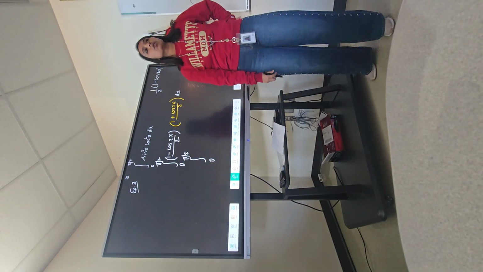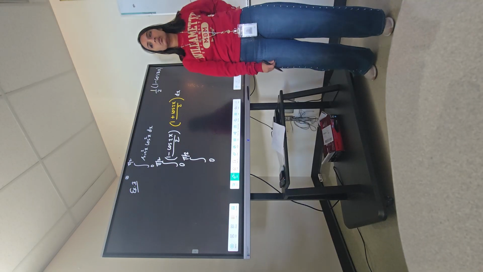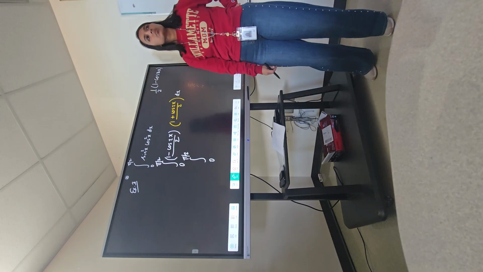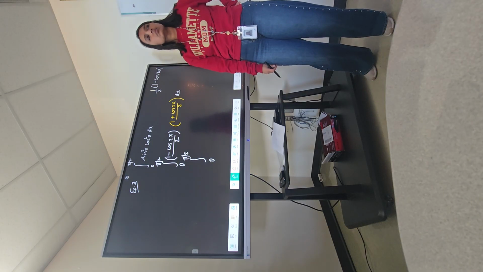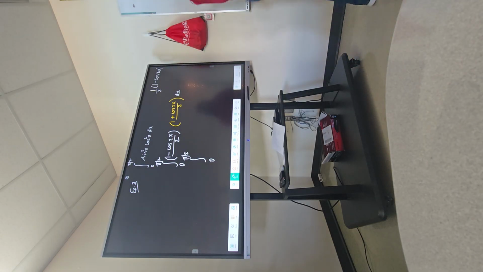Multiply the numerator. What will you get when you multiply the numerator? It'll be a quadratic, like the FOIL. Yes, it is a quadratic, but I want you to memorize this.